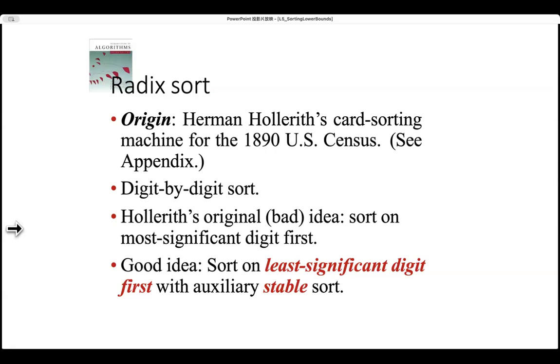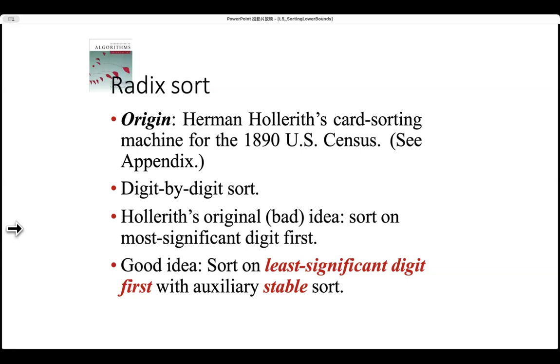This radix sort sorts numbers digit by digit. It turns out that this is a very powerful sorting algorithm. But of course, I probably should have pointed out that Hollerith's original idea about radix sort is problematic.